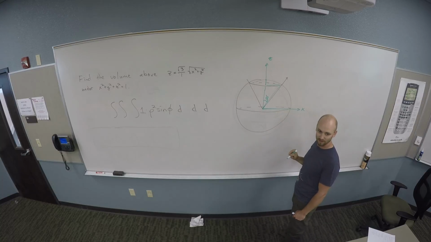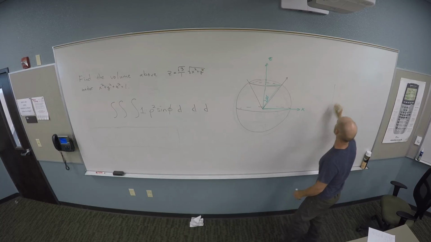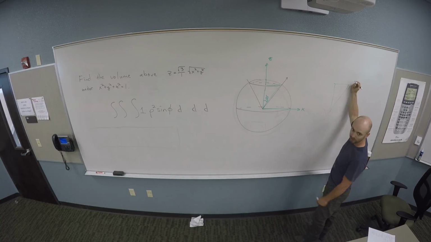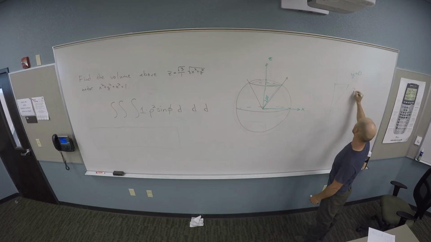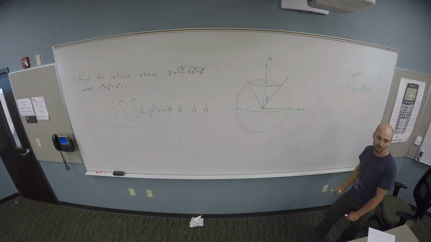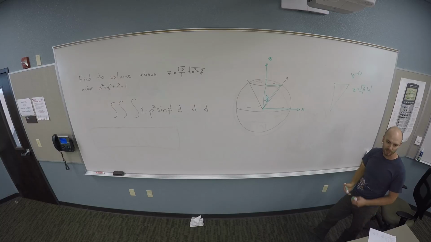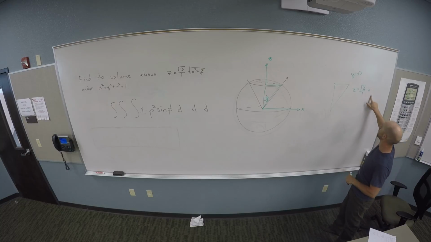I set y equal to 0 and tried some random x value and got the z. Right, that's in the y is 0 cut. So in the y is 0 cut, I'm looking at z is the square root of 3 over 1 times the absolute value of x, right? Do I care about the negative x's for right now? For my triangle? No. Okay.